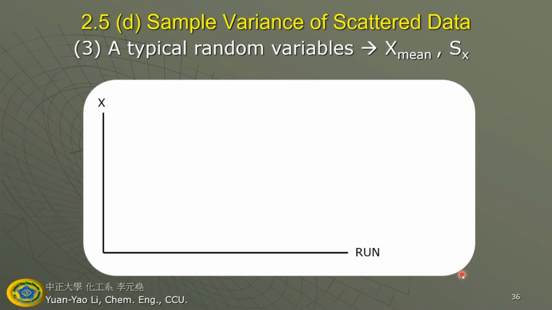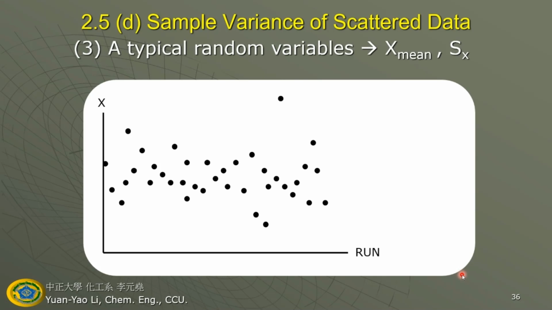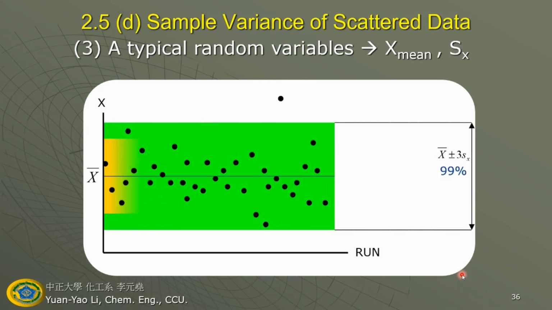In typical random variables, normally you have 50 runs and you get maximums, minimums, and so on. But generally speaking, about 99% of the data will be in this range: X over bar, the arithmetic mean, plus or minus 3 standard deviations. Almost 99%. That means only one data point out of 100 is normally not in this range.